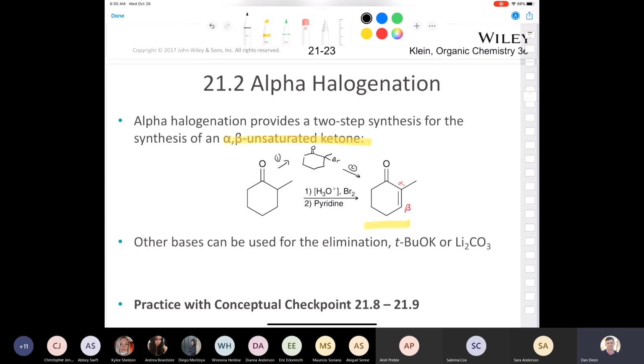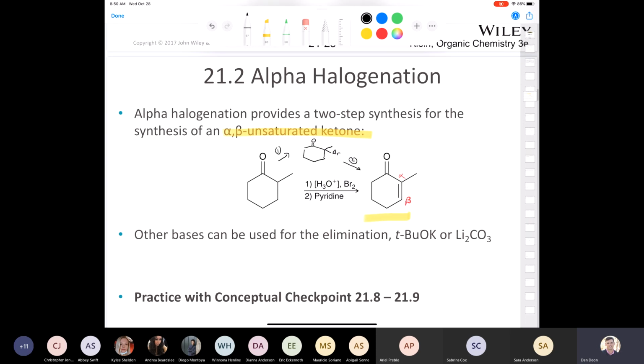Now, you can use pyridine, or you can use potassium t-butoxide, or you can use lithium carbonate. Now I'm not sure, it's probably substrate dependent, meaning it depends on the ketone that you're starting with. But again, it's a scenario where you can use more than one type of base.